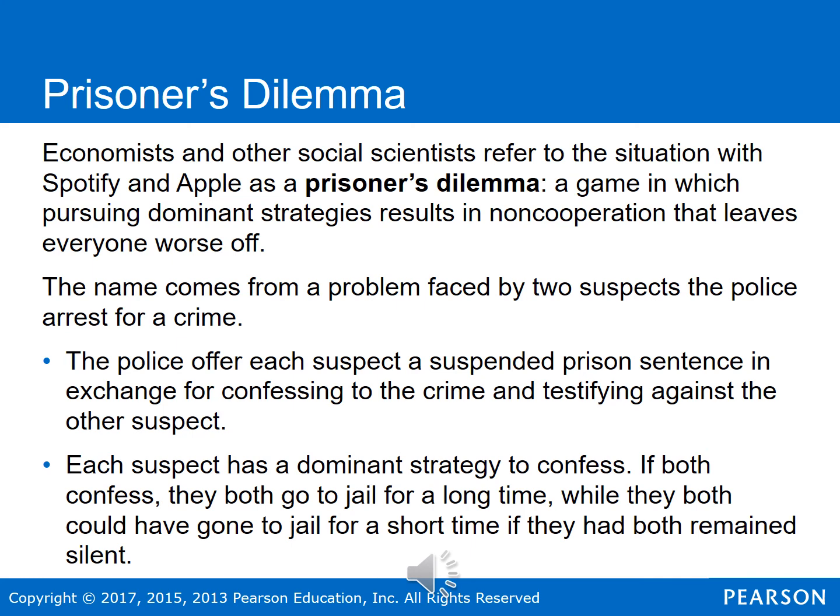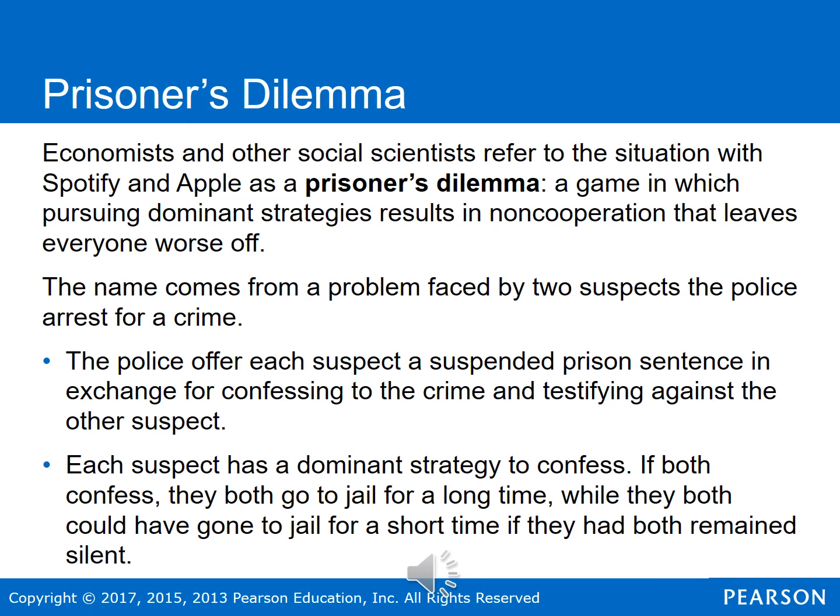Now, the name prisoner's dilemma comes from a problem faced by two suspects that the police arrest for a crime. So I love the show Law & Order, the original series, and oftentimes throughout the series they'd bring in two accomplices, put them in different interrogation rooms, and then begin to question them. One of the strategies they take is telling each the other person is being offered this deal.